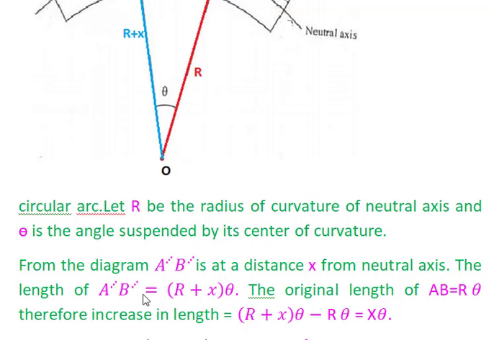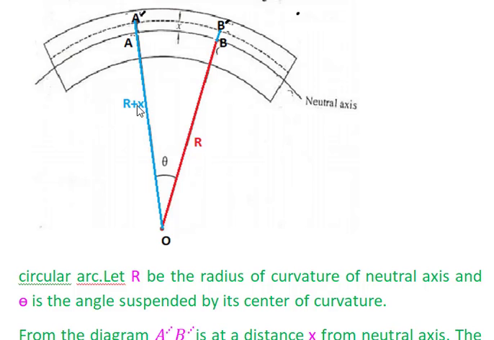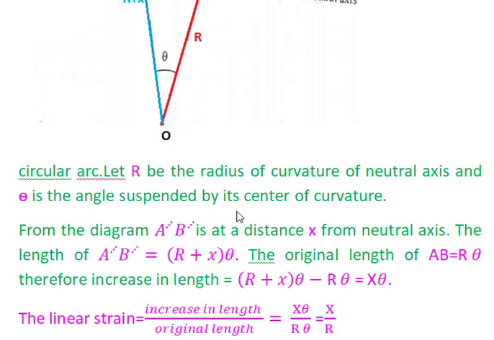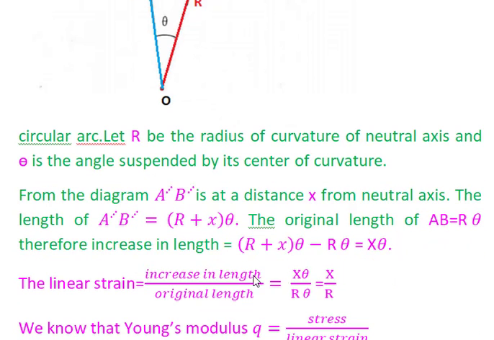The length of A'B' is R plus x into theta. The original length AB is R into theta. So the increase in length is equal to (R plus x) theta minus R theta, which gives x theta.